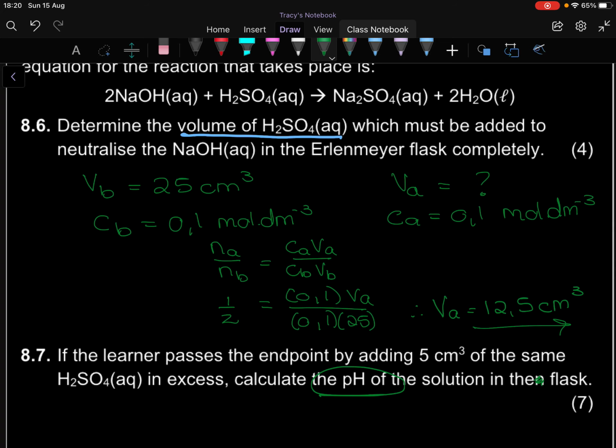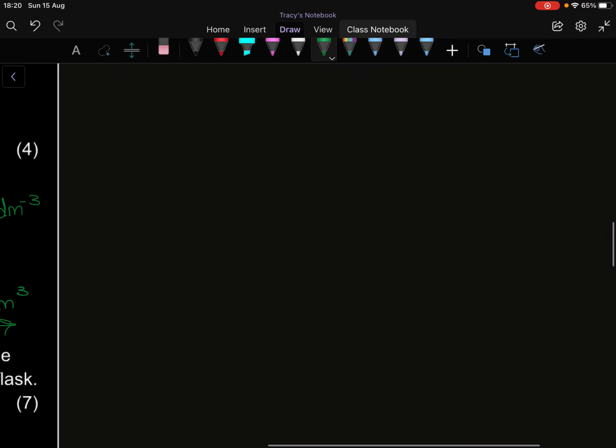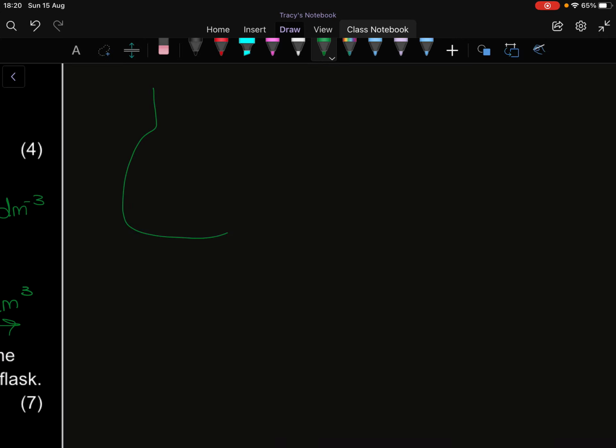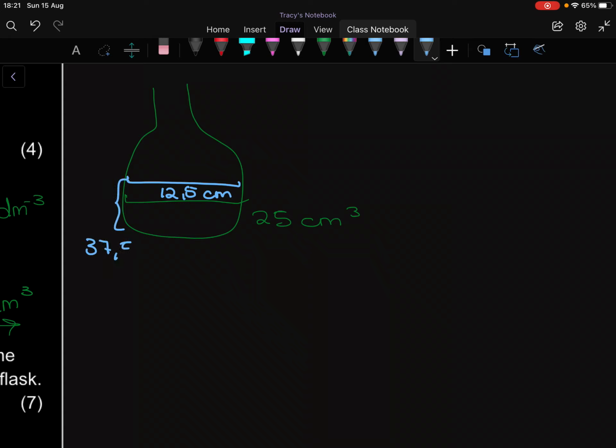Originally, okay, so now follow the reasoning here. We have our flask, okay. In that flask, we had 25 centimeters cubed of the base. To get it exactly to the end point, I added in 12.5 centimeters of the acid. So this final solution was 37.5 centimeters cubed.